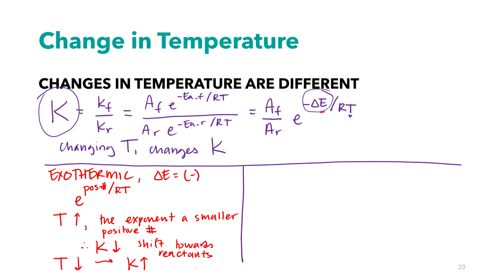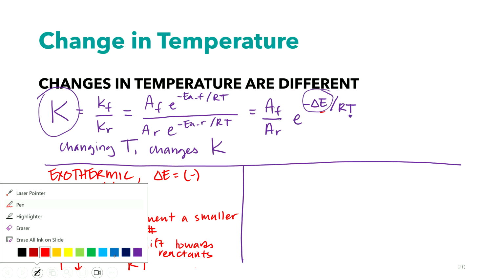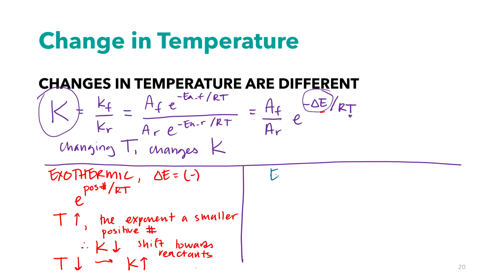Let's run this back, but we're going to do it on the endothermic side now. For an endothermic reaction, our delta E was positive. And so now in our exponent, we have a negative number.